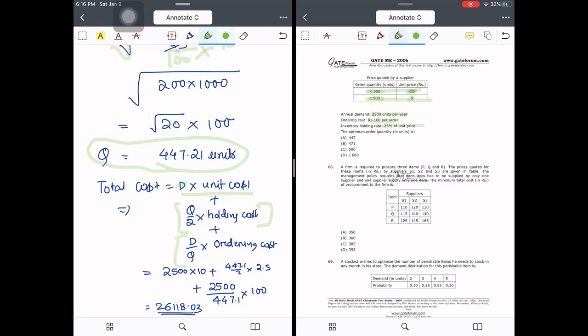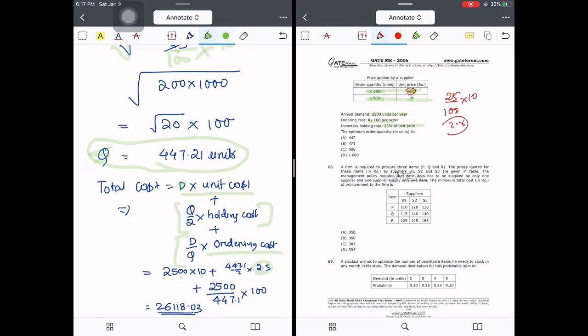Now, how will you find the total cost? Total cost will be demand into the unit cost, plus Q by 2 into the holding cost, plus D divided by Q into ordering cost. So 2500 into 10, plus 447.1 divided by 2 into 2.5.